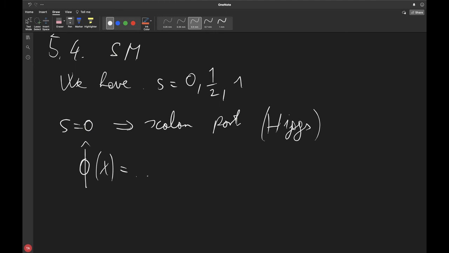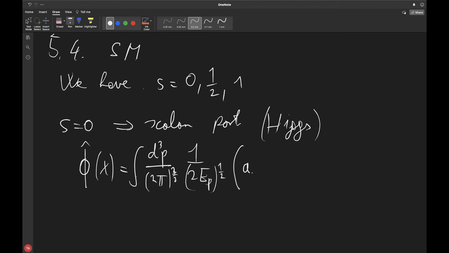The phi of x had the normalization and the integration measure of 2 pi to the 3/2, 1/2 energy corresponding to that momentum squared, and we had the creation operators with a given momentum, Fourier transformed from the momentum space into the position space, and the annihilation operators which destroy particles with a given momentum, and the exponential was this i p x with the plus sign.